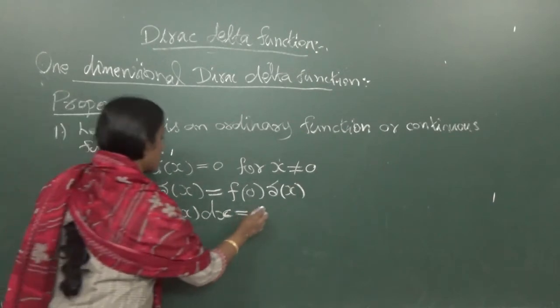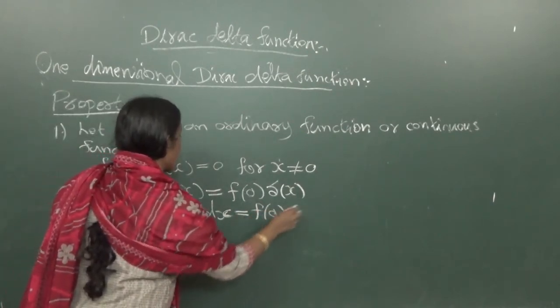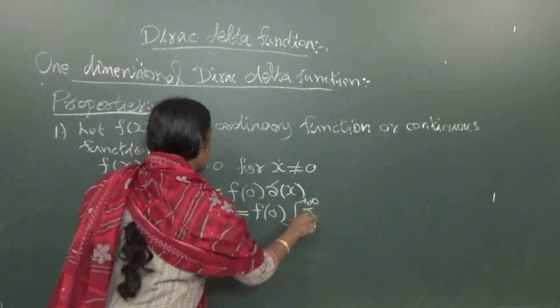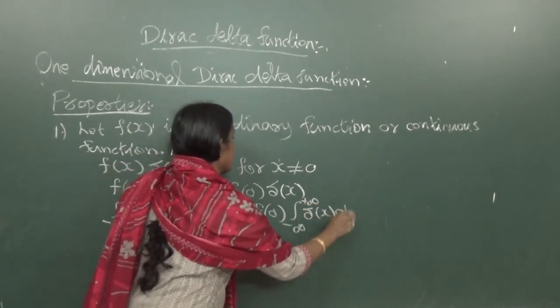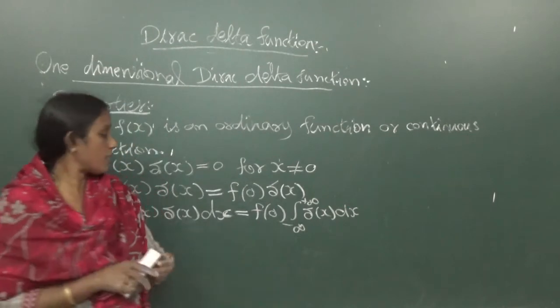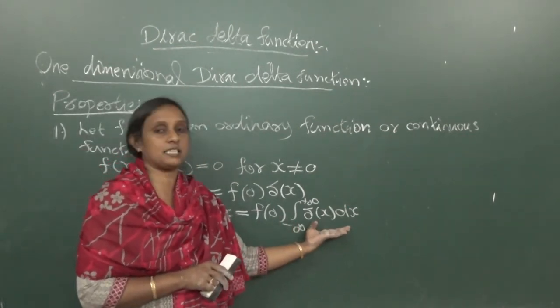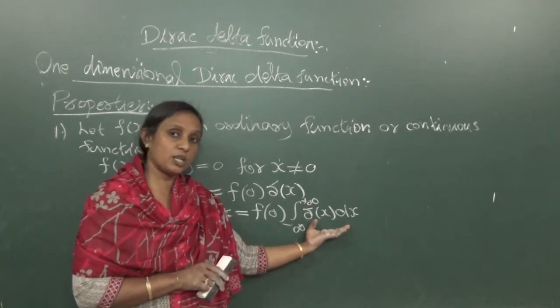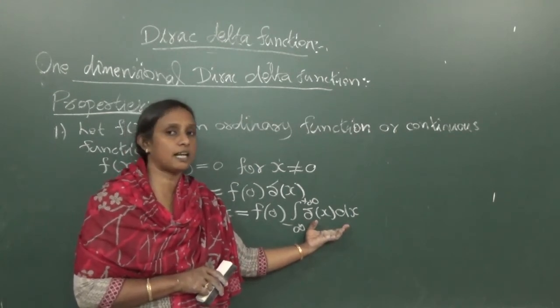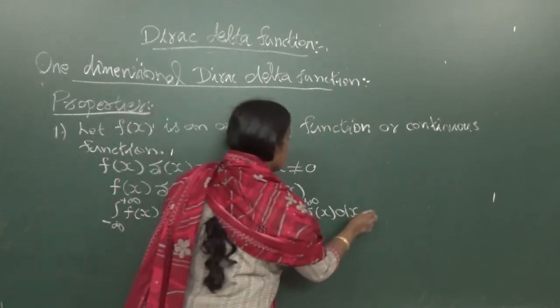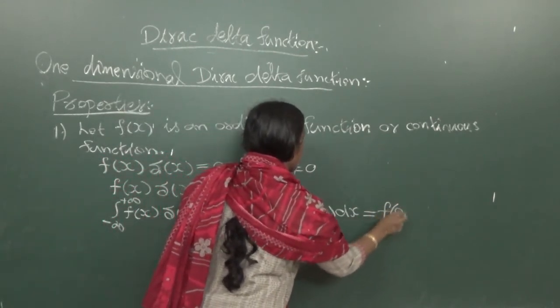So you get f of 0 times the integral from minus infinity to plus infinity of delta of x dx. What is this integral? This is the area under the curve, which is equal to 1 for the one-dimensional Dirac delta function. So you get f of 0.